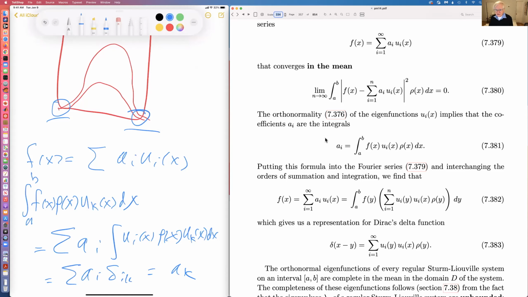So that's where this formula comes from, namely that this is equal to a sub k.